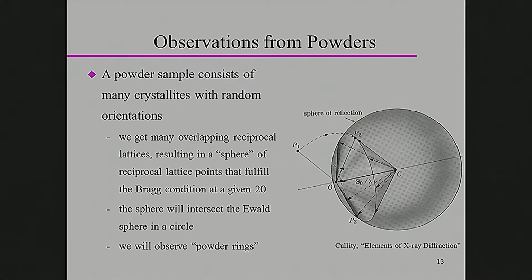So you get many overlapping reciprocal lattices, and you get diffraction in rings, okay? So if you ever heard somebody talk about powder rings when you stuck something on a single crystal diffractometer, that was probably some ice that formed on the crystal, unless you really didn't have a single crystal there. That is why, okay, you do get diffraction in rings.